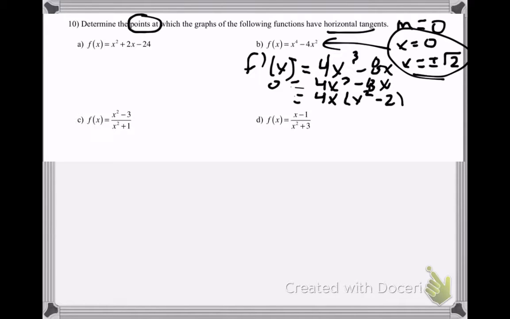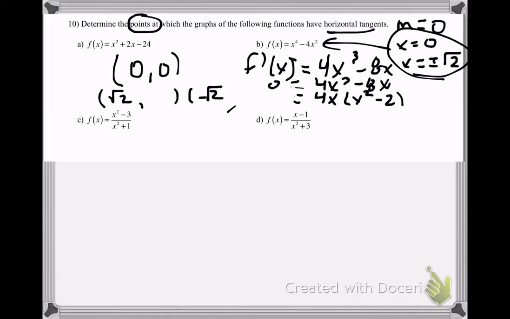Well, I hope everybody can see with mental math that when x is 0, y has got to be 0. So the origin is going to be a point where we have a horizontal tangent for this curve. If we make x positive root 2, and actually if we make x negative root 2 as well, since this is an even function, we're going to get the same y value. So root 2 to the 4th is the same thing as negative root 2 to the 4th, and that is going to be 4.